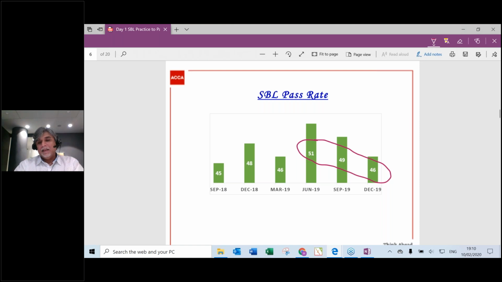Can you see? The passing percentage is gradually declining since the last three attempts. It was 51, then 49, and now lastly it was 46%. The lowest ever recorded was 45%.